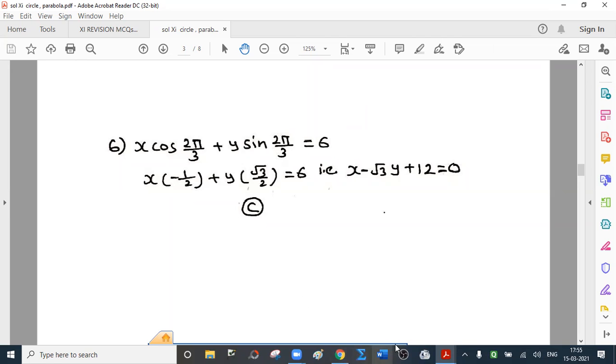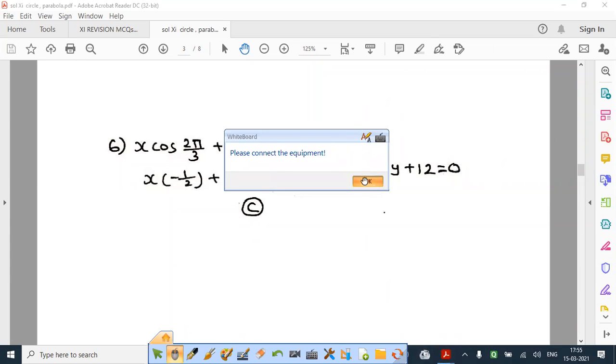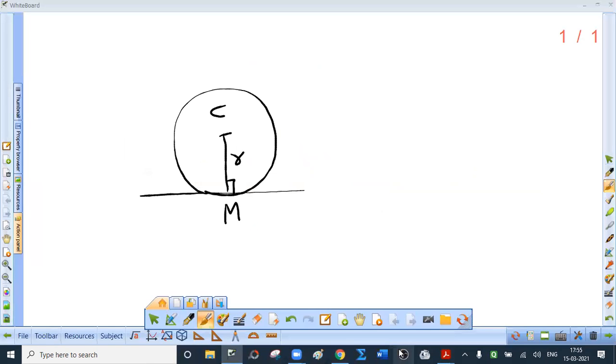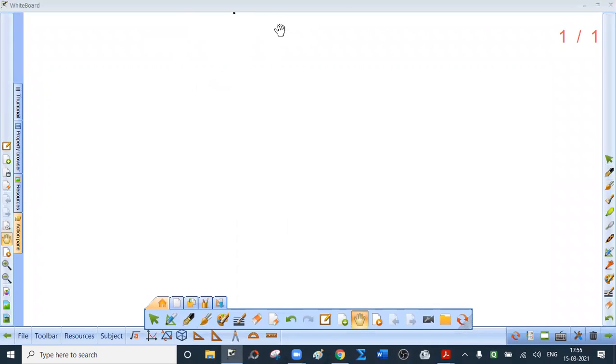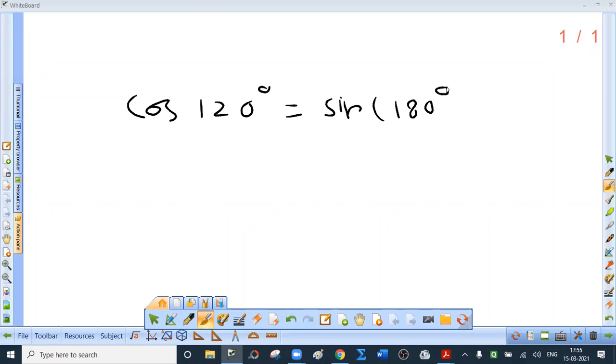Okay, let us find these two values. What is cos 120 degrees? 120 degrees is an allied angle of 180 degrees. So 180 degrees minus 60 degrees. Now, what is cos of 180 minus theta?